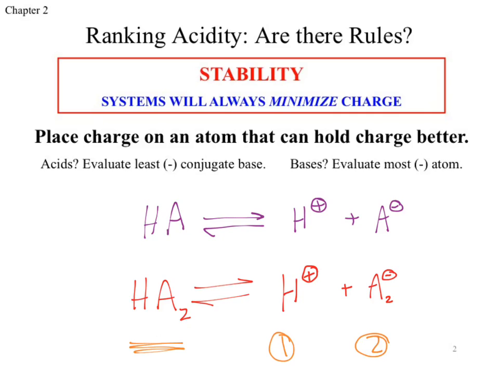Okay? If we're going to look at which of these two is the stronger acid, what we can do is compare our purple to our red conjugate base. The one that can minimize that charge does what to the acidity of the corresponding conjugate acid? Okay, so let's put in some examples. Our top case, let's say A is an oxygen. In our bottom case, let's say our A is a carbon.